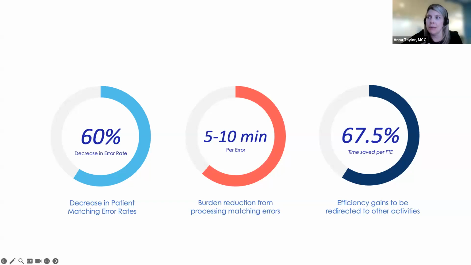So we reduced our patient matching burden by about 15, 16% in total errors. And we're able to free up 5 to 10 minutes per error. And that saved about a FTE a week. So it was one day of an FTE a week, but that was one eligibility file.